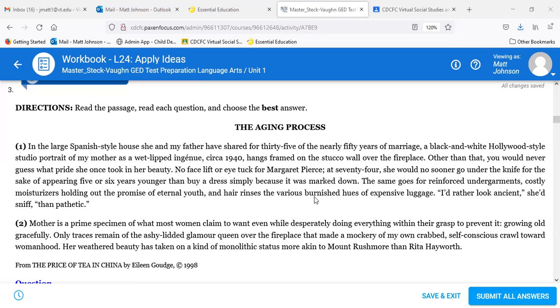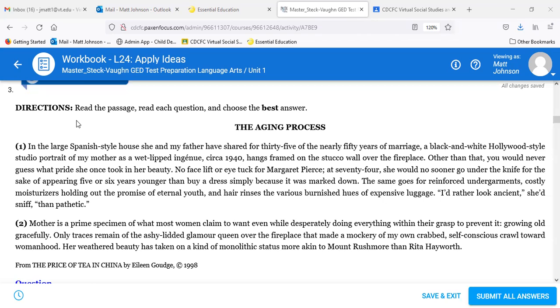At 74, she could no sooner go under the knife for the sake of appearing 5 or 6 years younger than buy a dress simply because it was marked down.